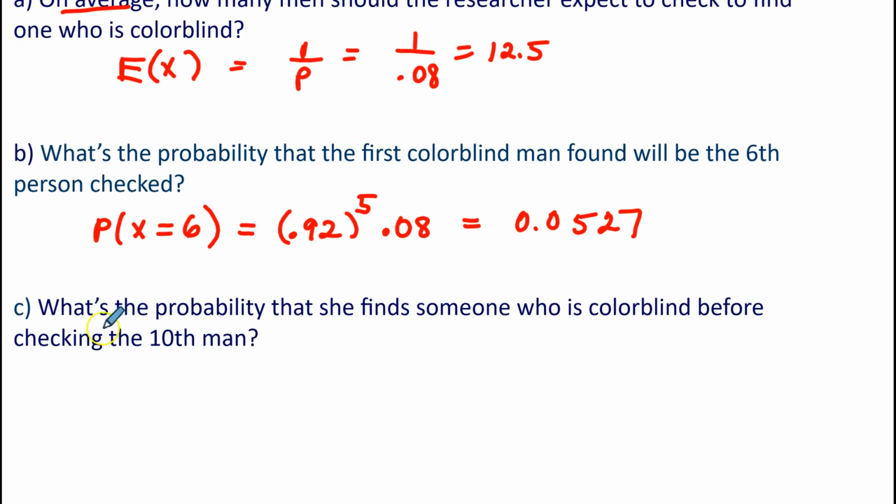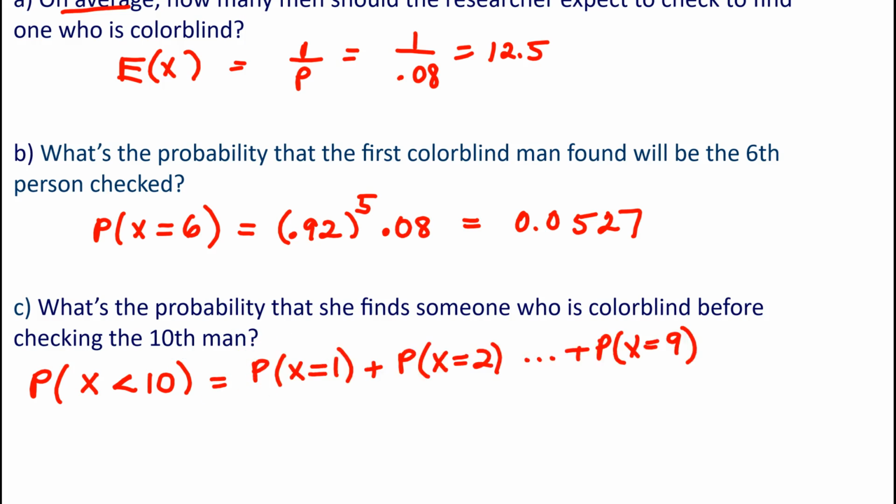And for the last part of the problem, what is the probability that she finds someone who's colorblind before checking the 10th person? And this question's a little bit different. We're saying that that means that it could be on any trial prior to the 10th person.